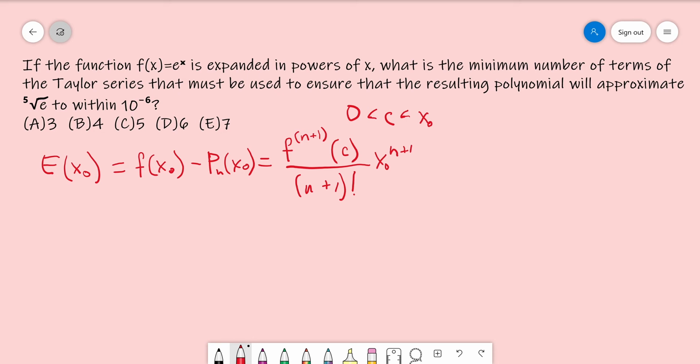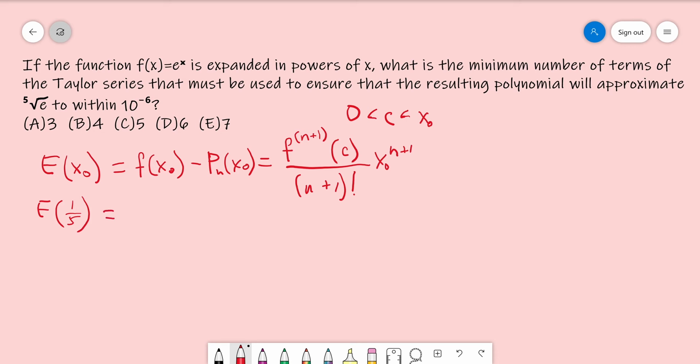So in our case, we're looking for the error term at e to the 1/5 power. So x naught is 1/5 because our function is e to the x.